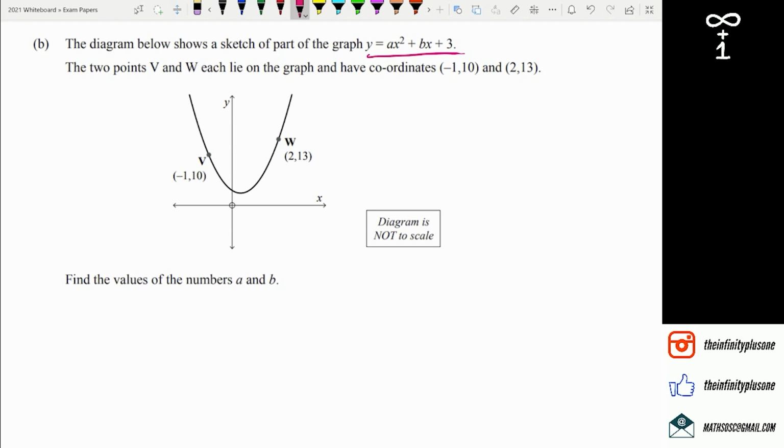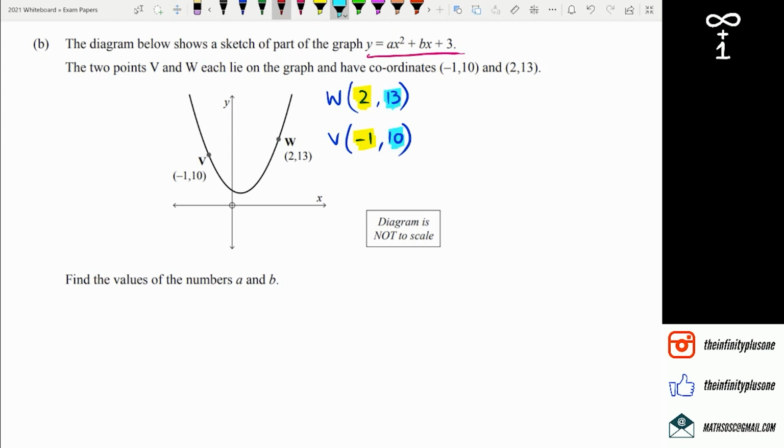So we've got to figure out what A and B are. So I'm going to first write down W. W is 2, 13, and V is -1, 10. Just to keep in mind, our X values are 2 and -1, and the Y values are 13 and 10.